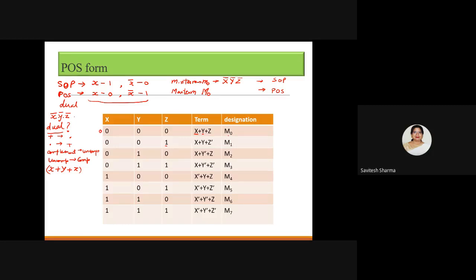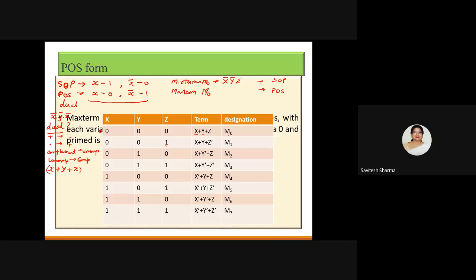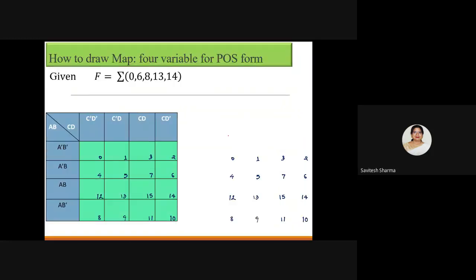Okay, now the thing is how to draw the K map. Yesterday I was showing you the K map. If you want to get the SOP form, this map will be useful because you will directly get the min terms.